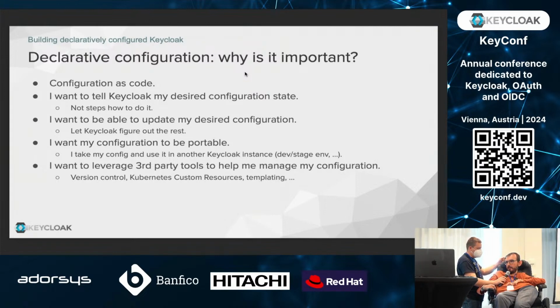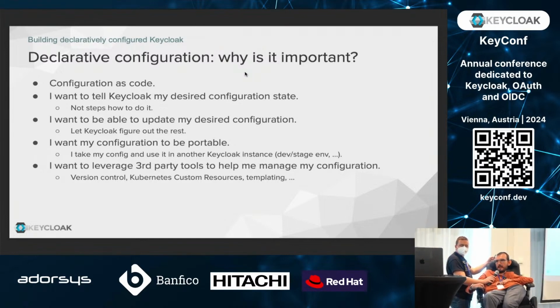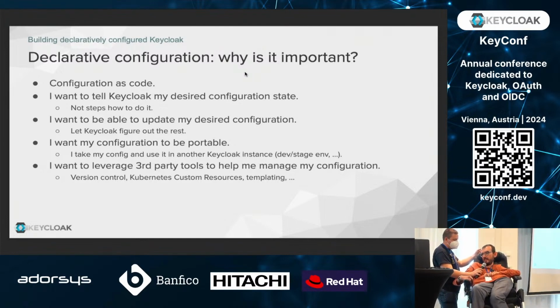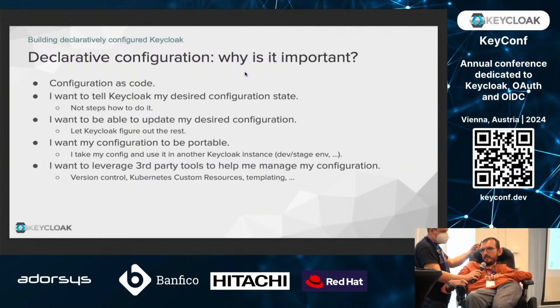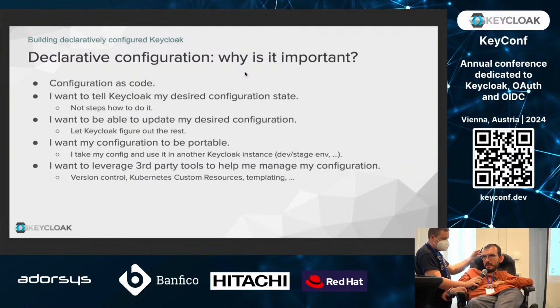But at the same time, I don't want to be telling Keycloak how to apply this configuration, what steps it needs to do. And I want to be able to change my mind at any point in time. I want to update my configuration and I want Keycloak to pick it up and figure out the rest of how it needs to be done.